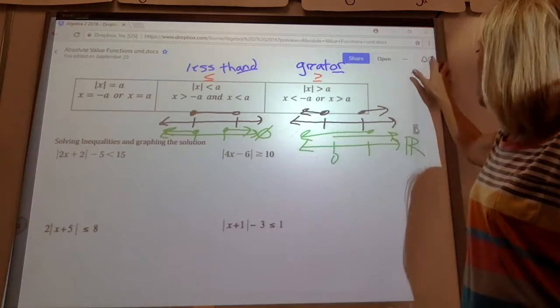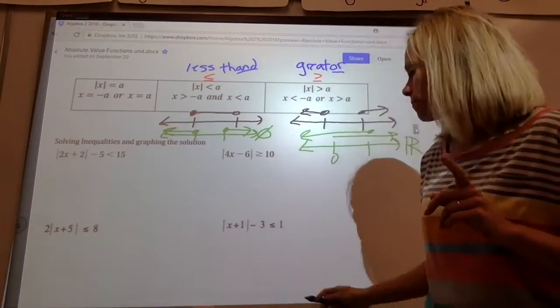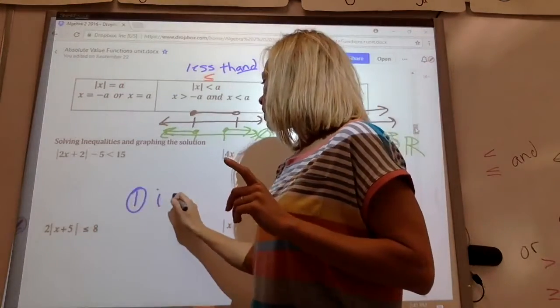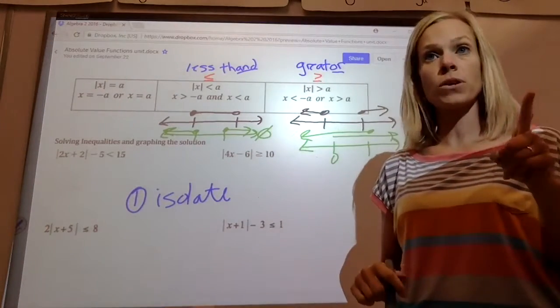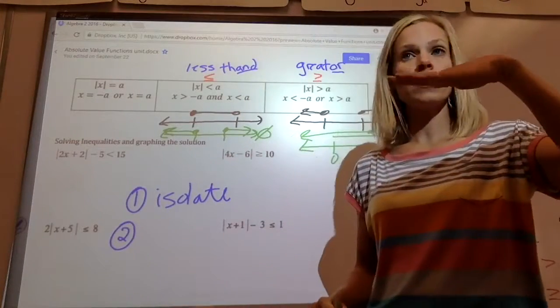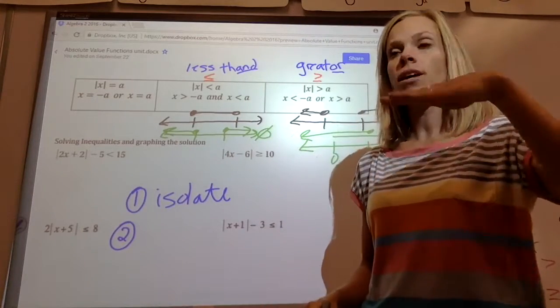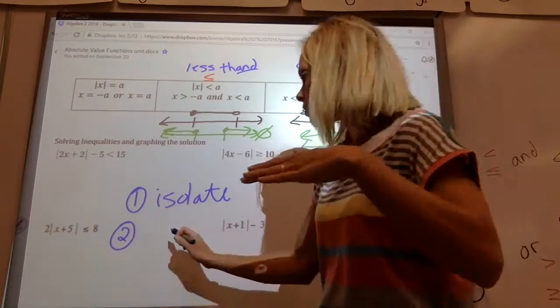Okay. So your steps are the same as yesterday. You still need to isolate the absolute value. You're still going to have to do that first. Okay? Your second step then, after the absolute value is isolated, is going to have to be determine if it's an and or. Okay?